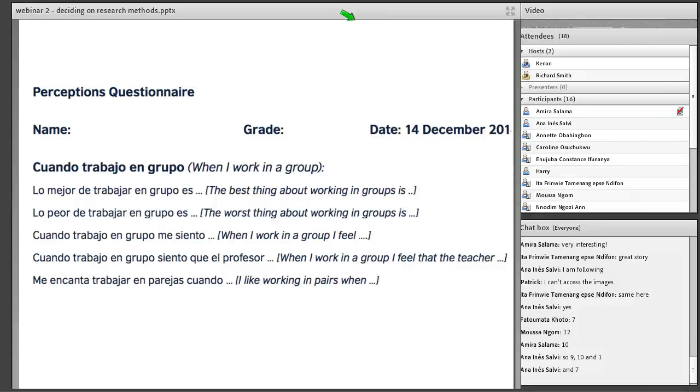So he gave them, in this case, quite open questions. That means he hasn't given them choices or possible options. It's quite simple because this was what he gave them after the lesson where they were working in groups.